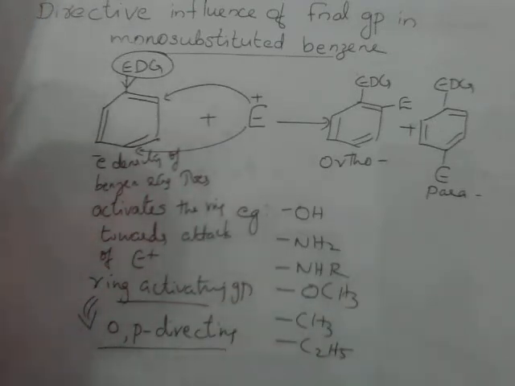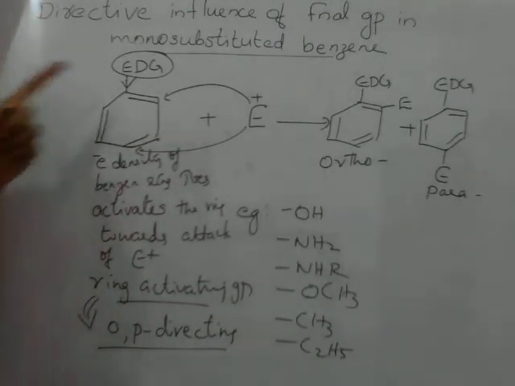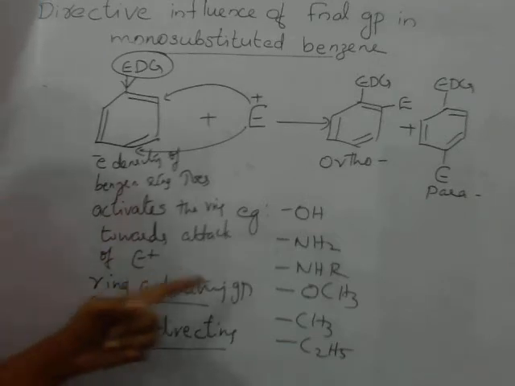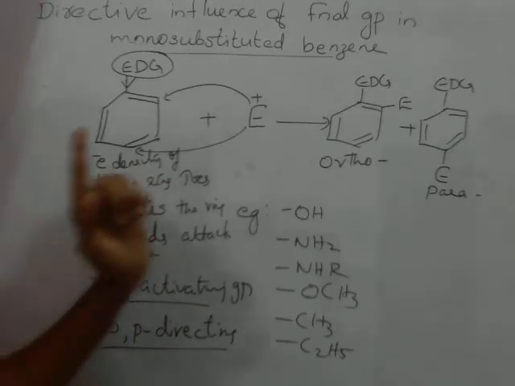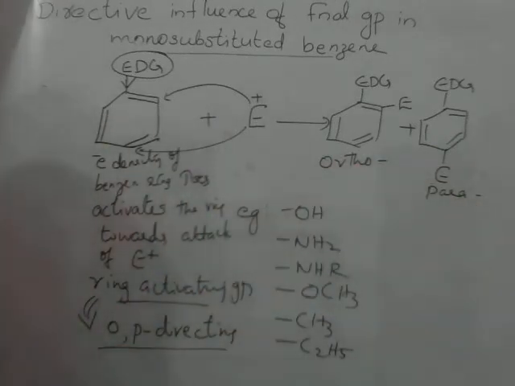All these are examples of electron donating groups. They are ring activating groups, ortho para directing. If these groups are present in benzene ring, a mixture of ortho and para products is obtained.